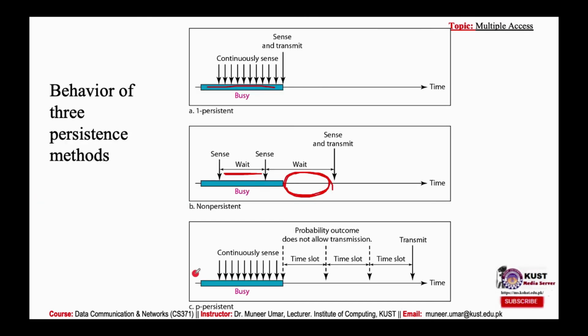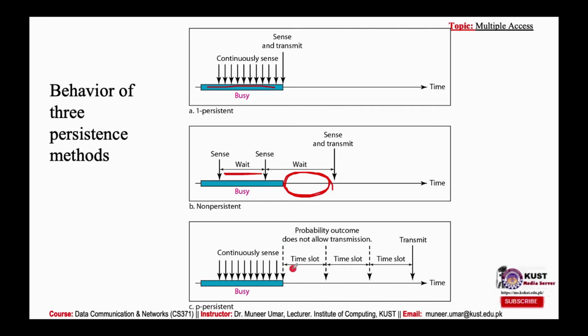Now, here the station is continuously sensing, and if it finds the channel idle, then it checks the probability outcome and decides whether to transmit or not.